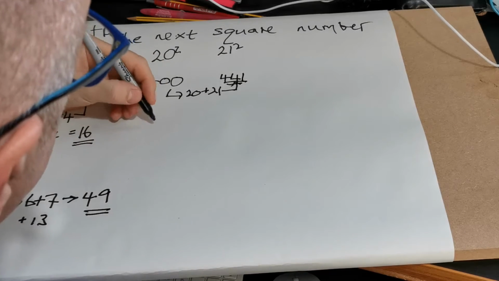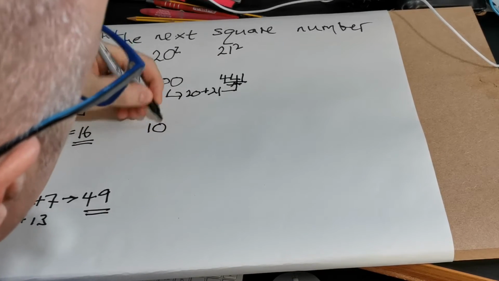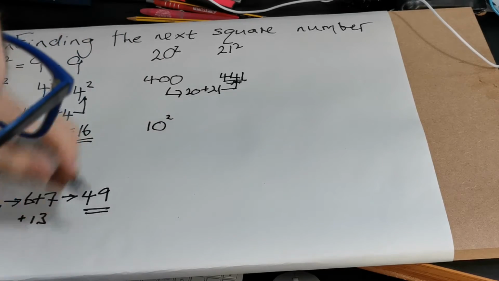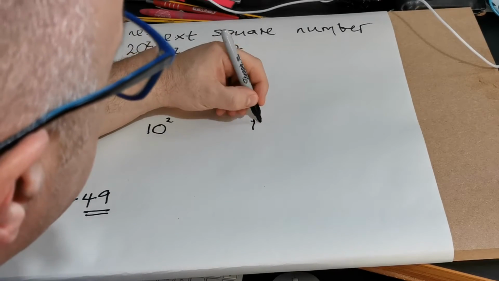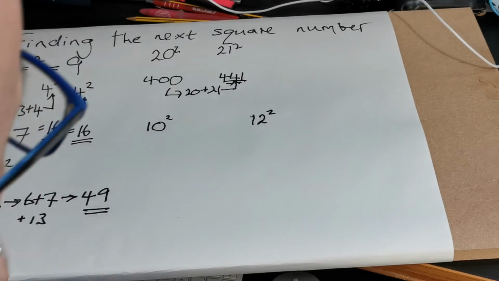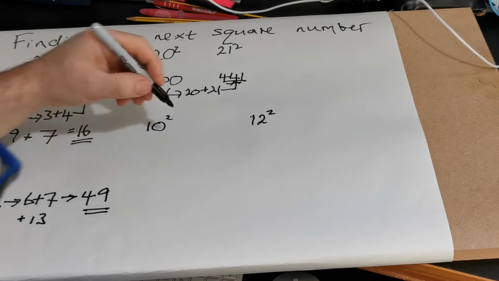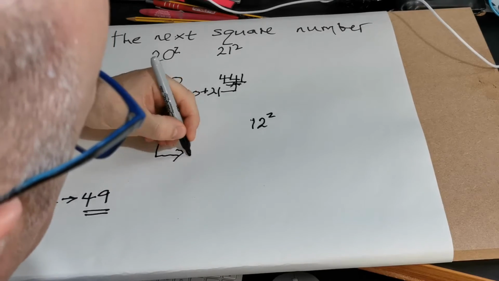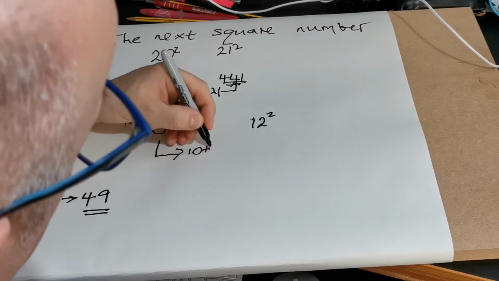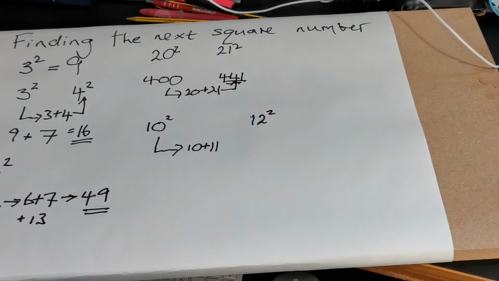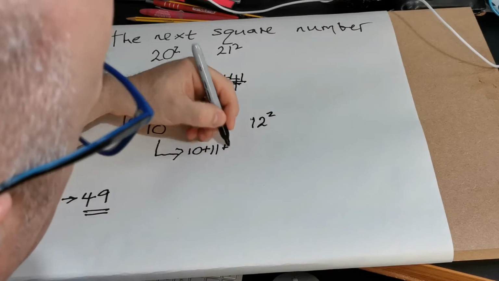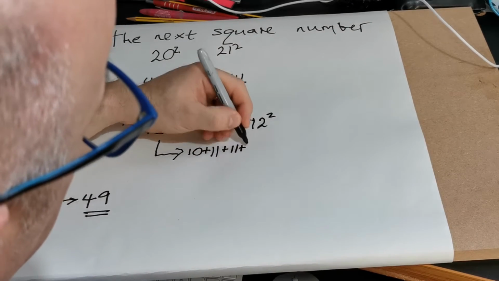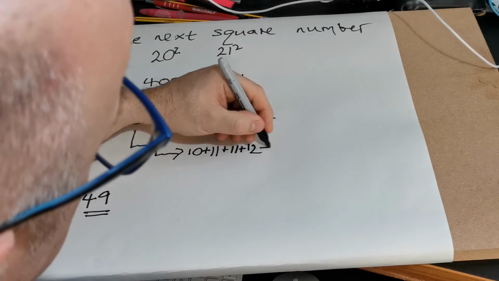So say I know 10 squared and I want to find 12 squared, I can say, well, that's 10 add 11 to get to 11 squared, and then from there add 11 add 12 to get 12 squared.